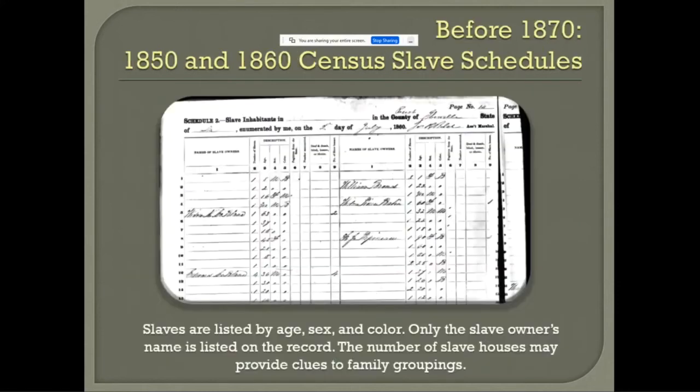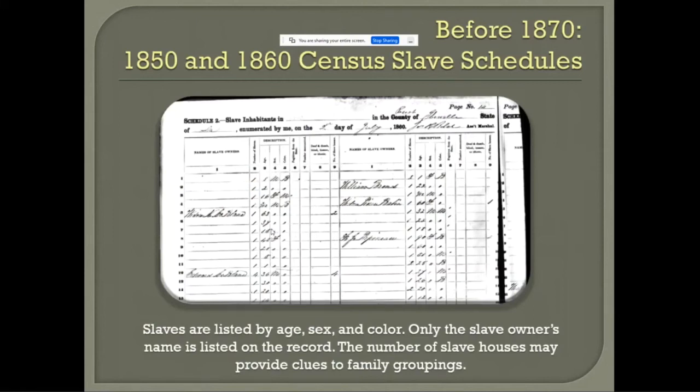And then the Freedmen's Bank and Freedmen's Bureau also. So, a slave schedule. In the 1850 and 1860 censuses, when they started recording everybody's name, they would also record this. Like, this is the slave owner here. And then these are the people he owned, listed by sex, age, and that's it.